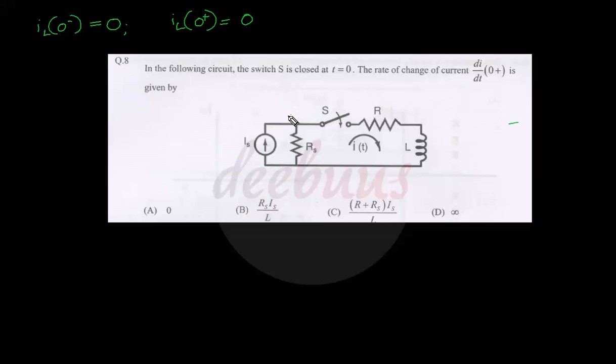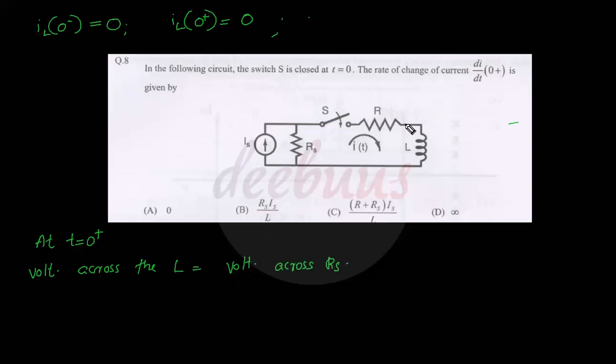So at the instant of switching, or at t equal to 0+, all the current flows through this RS, right? Therefore, at t equal to 0+, the voltage across the inductor equals the voltage across RS.